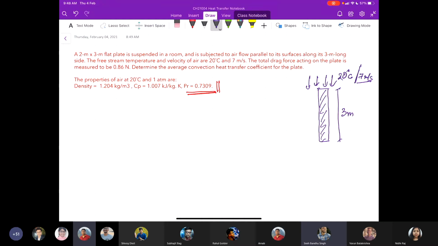So is the answer 8.766? For which one? H. The value of H. So you calculated the whole thing. Yes, sir. 8.766. And you used Reynolds analogy. No, sir.